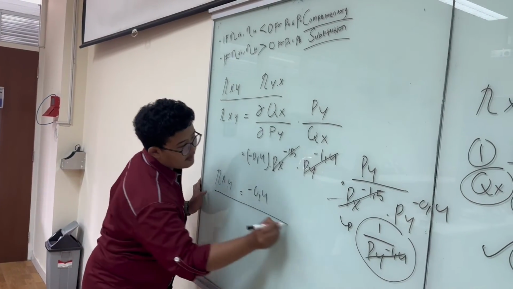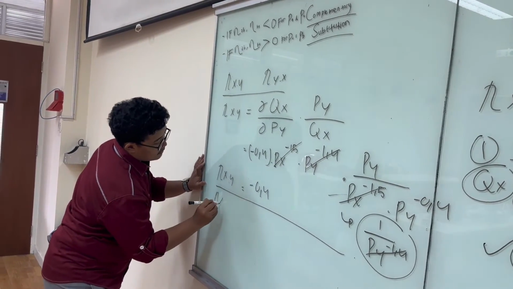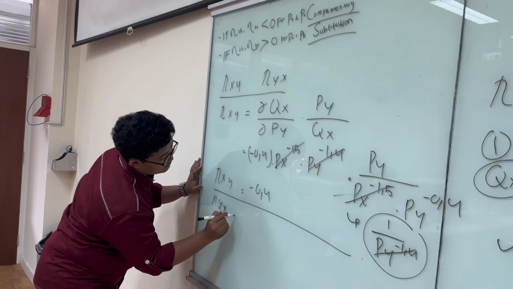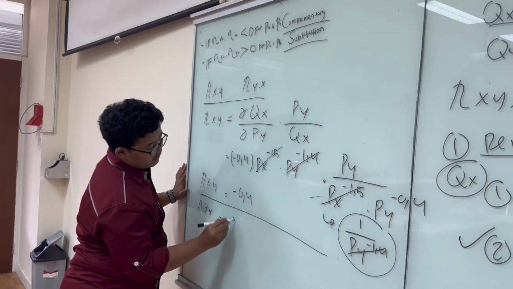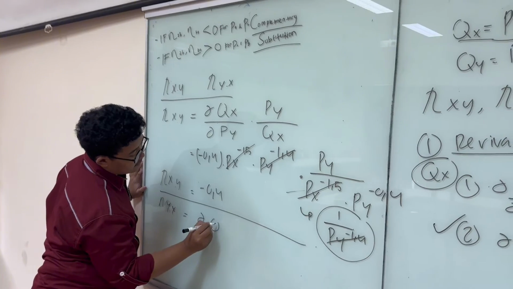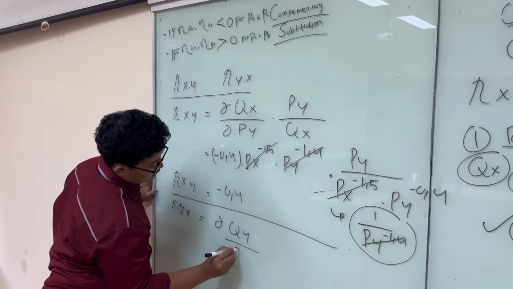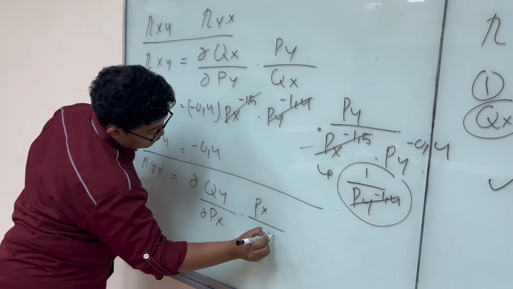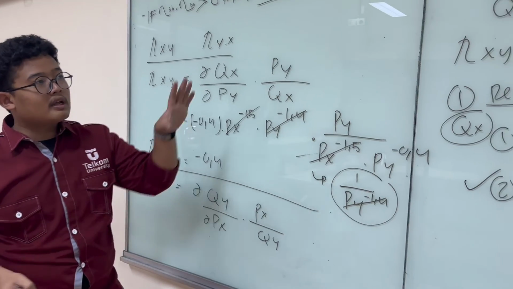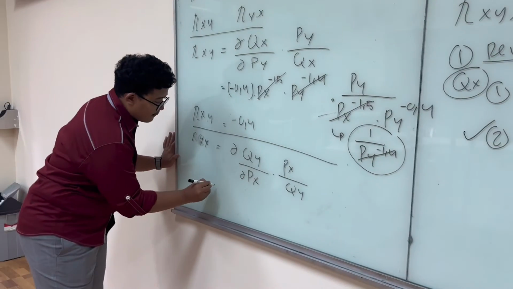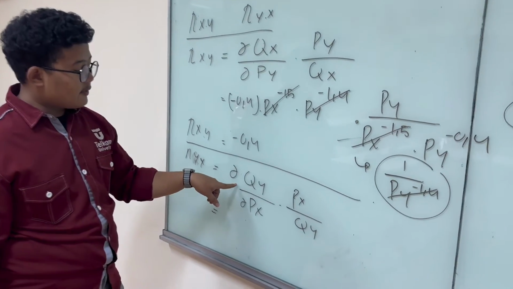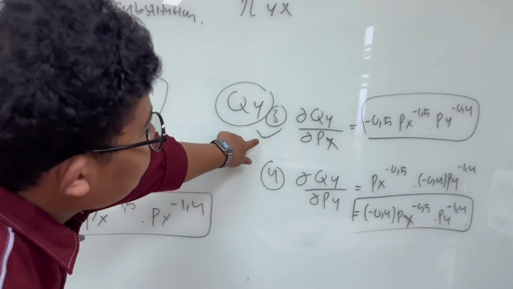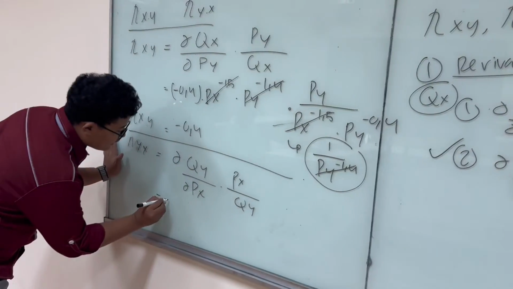So we also find the cross elasticity of product y and x. The formulation is almost the same: derivative of quantity of y with respect to price of x, times price of x divided by quantity of y. So we just substitute what we got here into here. The derivative of quantity of y with the price of x, we take back here and just write it down.